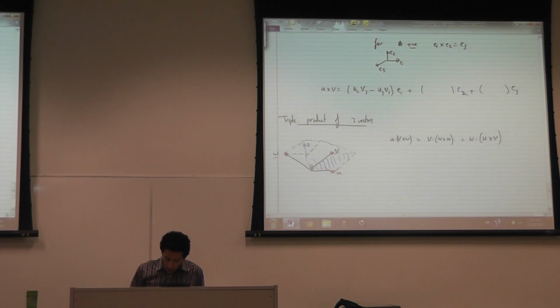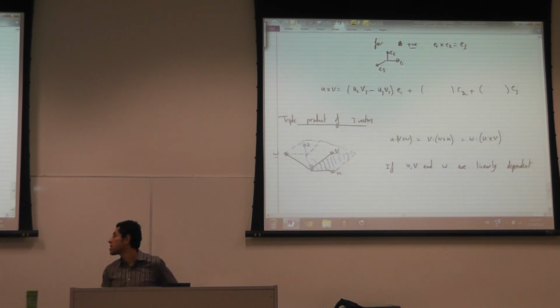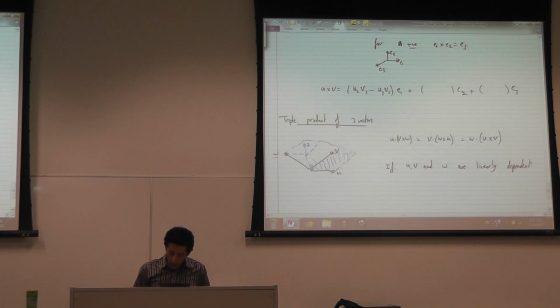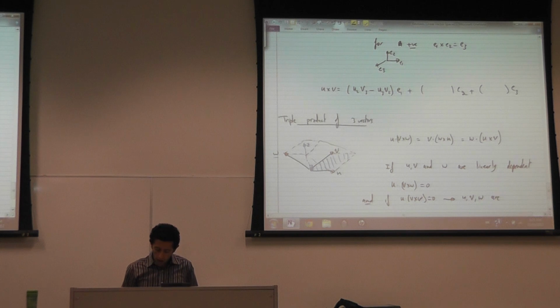The nice thing about this, if u, v, and w are linearly dependent, which means they lie on the same plane, you're going to find that u dot v cross w equals 0. And if u dot v cross w equals 0, you'll find that u, v, and w are linearly dependent.